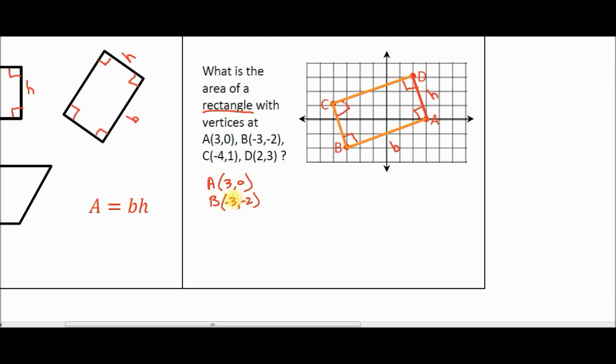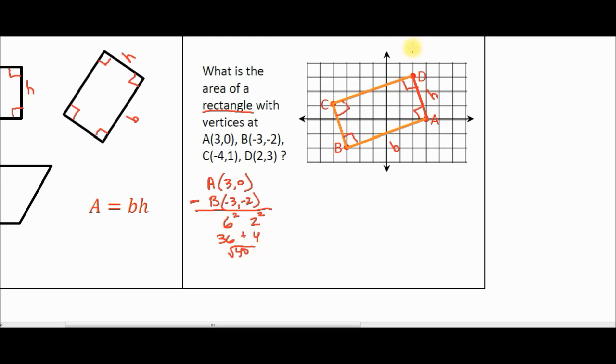The distance shortcut method says we subtract: 3 minus -3 is 3 plus 3, which is 6. 0 minus -2 is 0 plus 2, which is 2. Now we're going to square both of those numbers. That makes 36, and 2 squared is 4. We're going to add those numbers together. That's going to give us 40, and our answer to the length of segment AB is square root of 40.